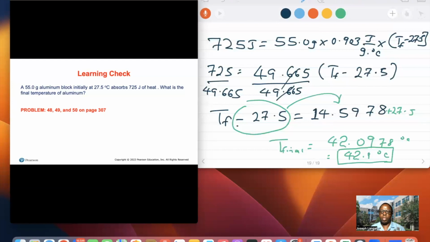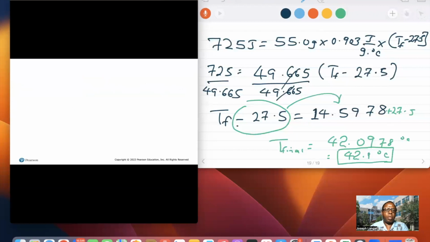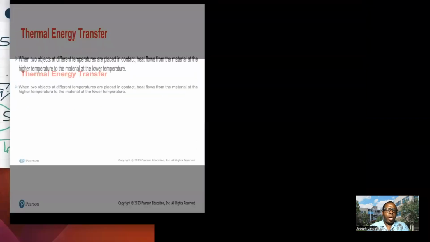If you are not given the specific heat, please use the table to find it, just the way I did for aluminum. I'm not given it here, but in the exam, you'll be given the specific heat for substances if need be. Well, let's see, thermal transfer.